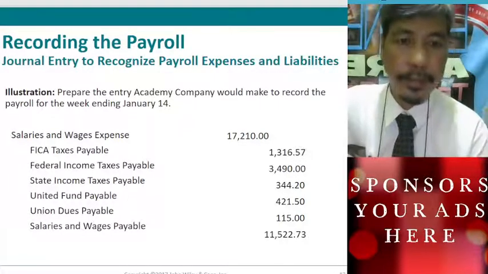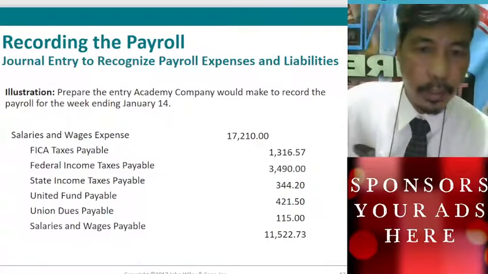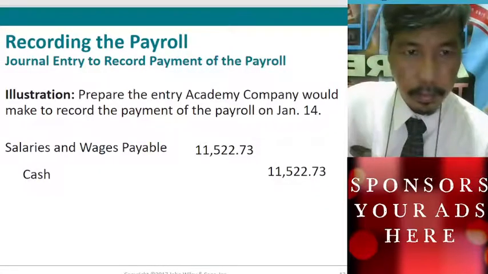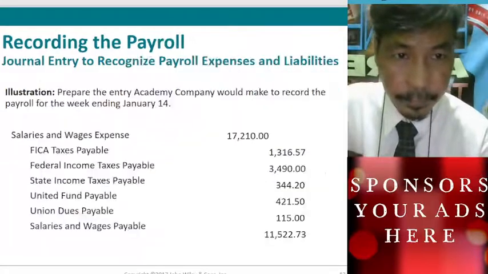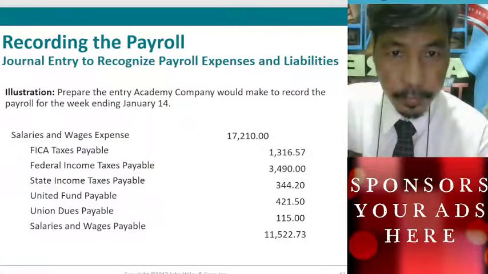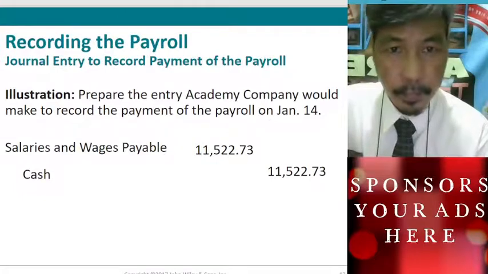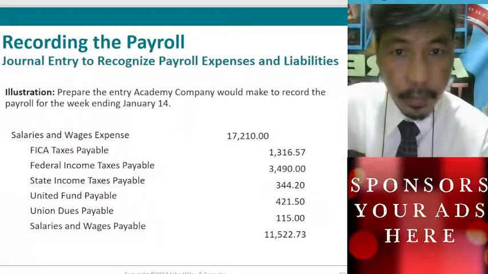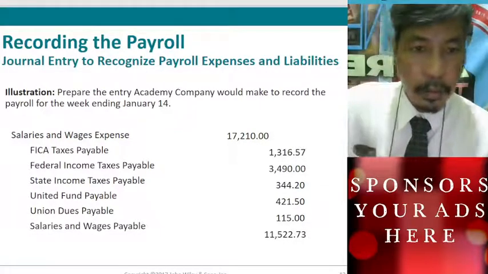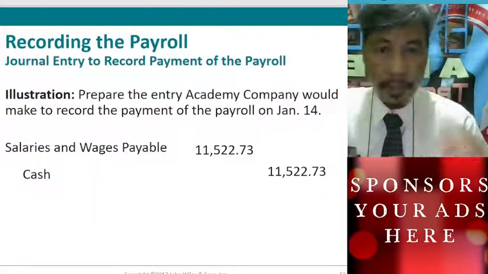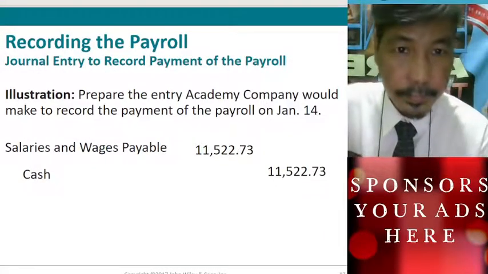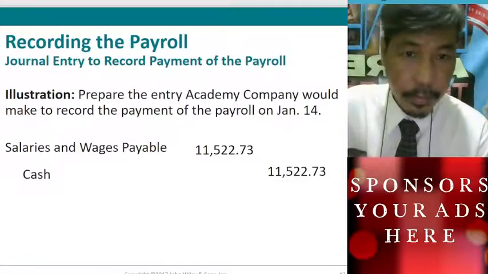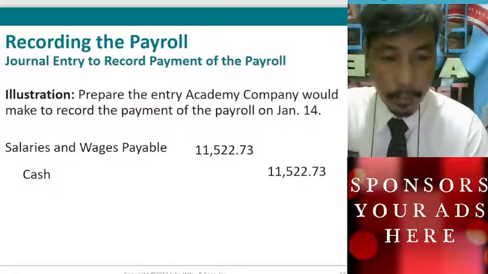Take a look here and here. So, salaries and wages payable. So we have cash, salaries and wages expense, salaries and wages payable.